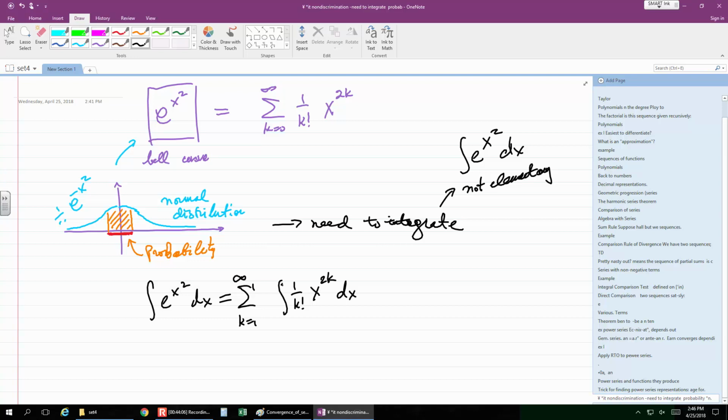Term by term integration once again is very easy because we have nothing but power functions. So once again, just like with differentiation, nothing we need to do here but apply the power formula, right? So 1 over k factorial is out, and then when I integrate x to the 2k, the power goes up, right? So I'll have x^(2k+1) divided by 2k plus 1.